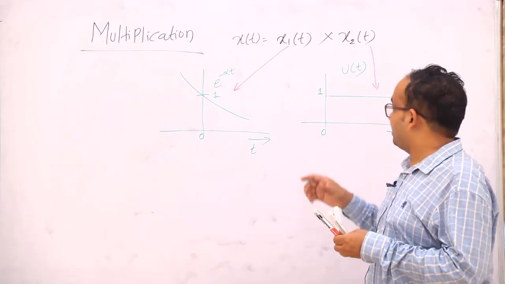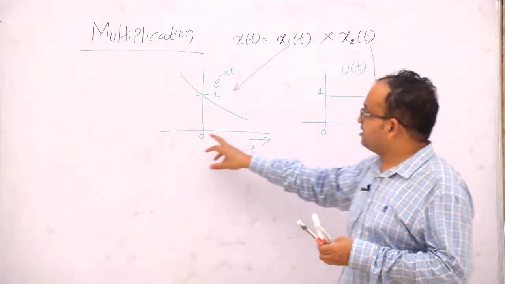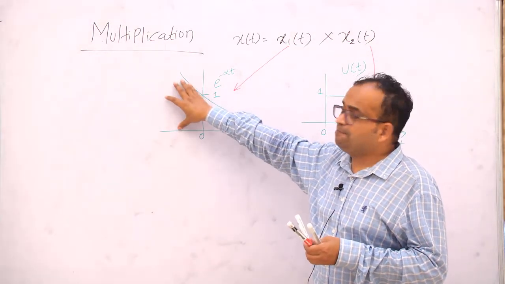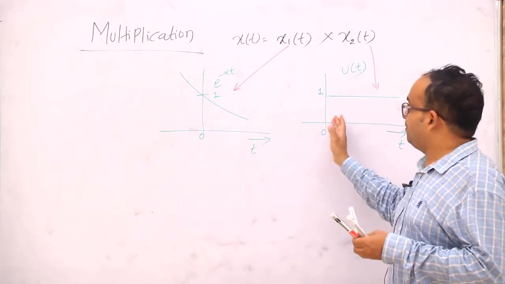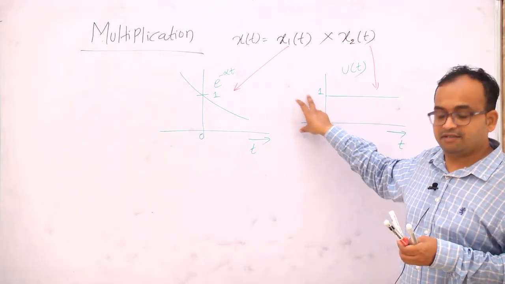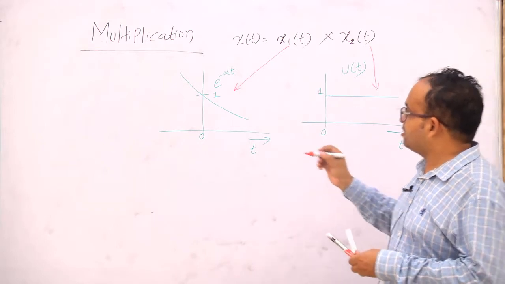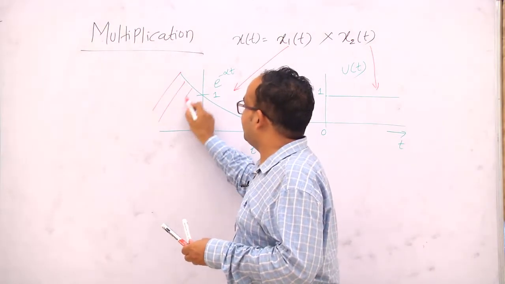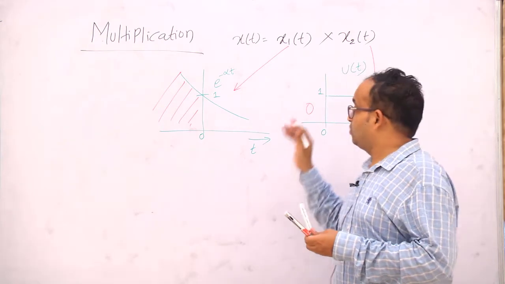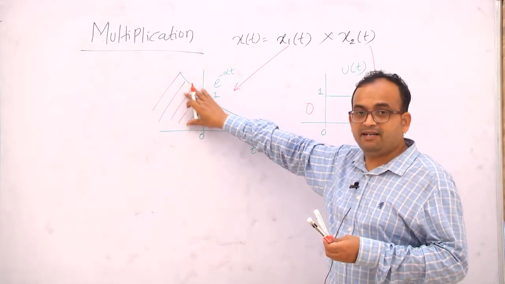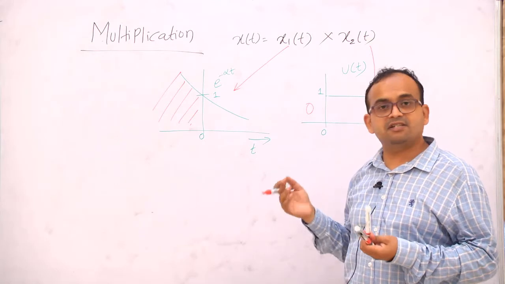When we multiply, before 0 some finite value is present here, and before 0 the other signal is 0. When we multiply some finite value with 0, we get 0 only.